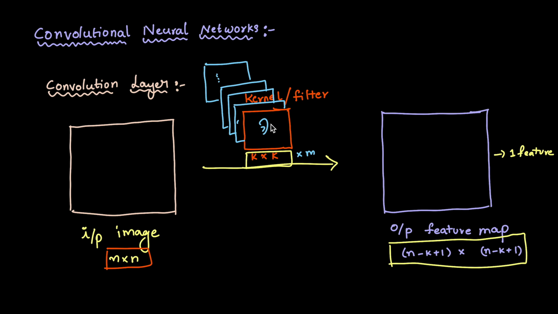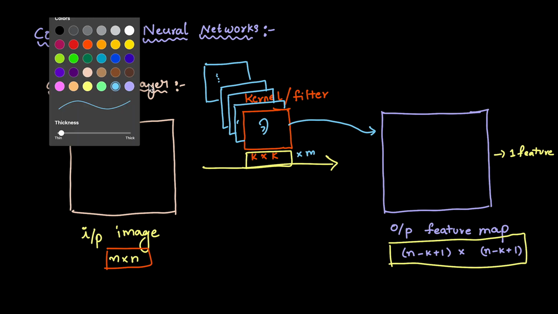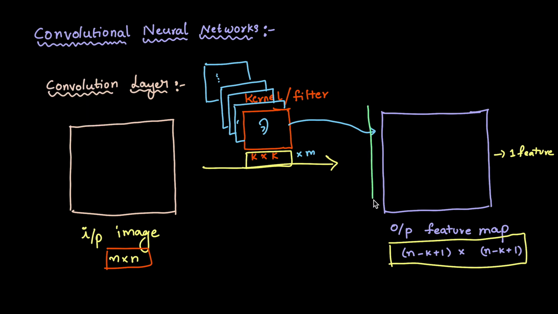Similarly, this output corresponds to only this particular kernel, right? As we have this many kernels, we'll have that many output feature maps as well. That means this is the second feature map that we get by doing the convolution operation.